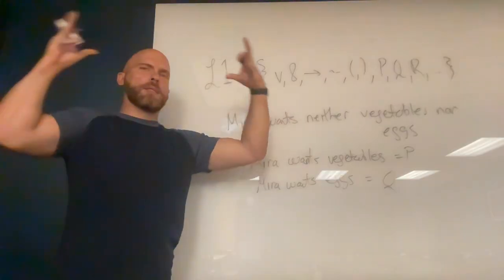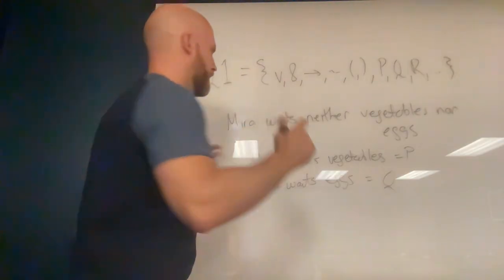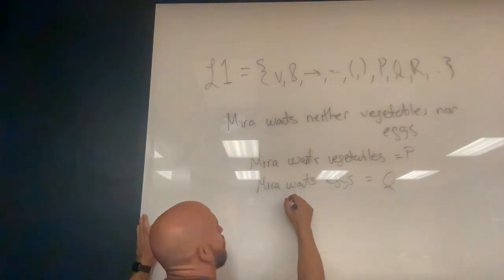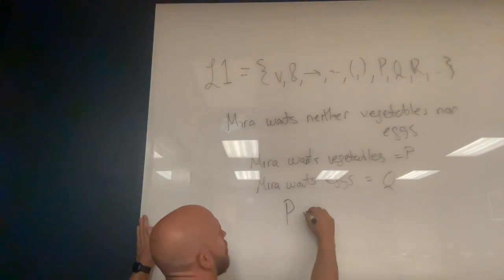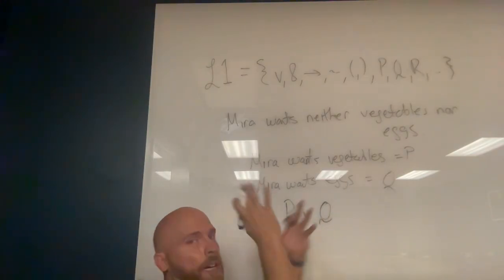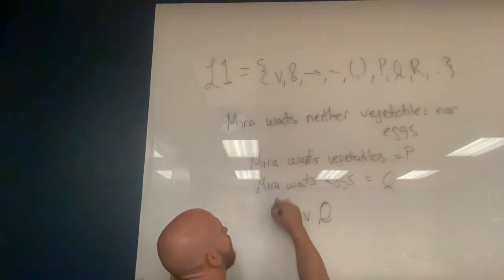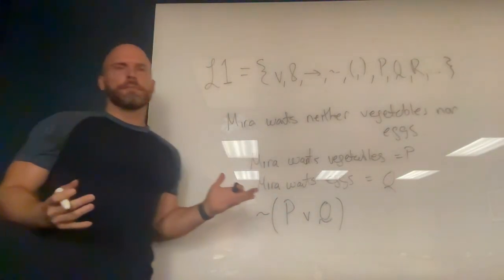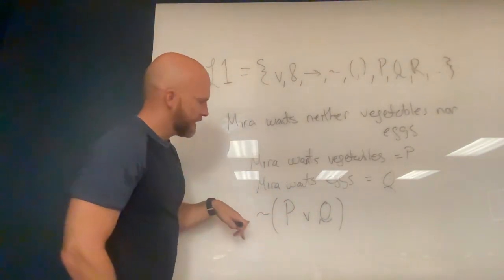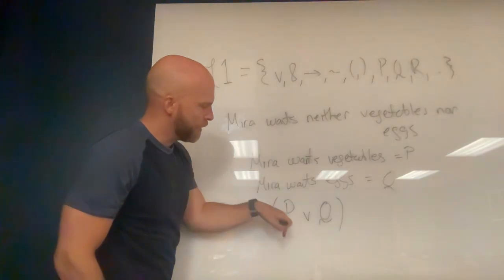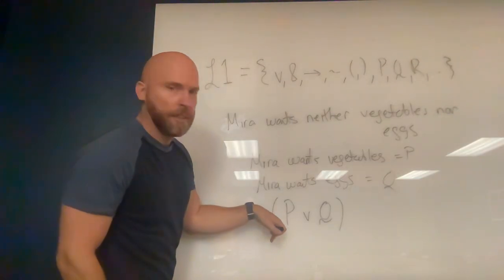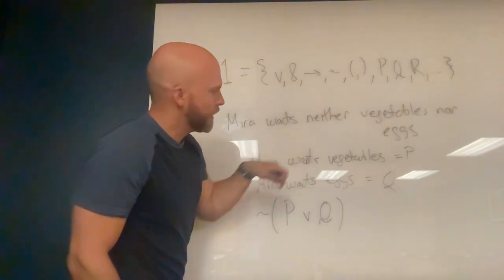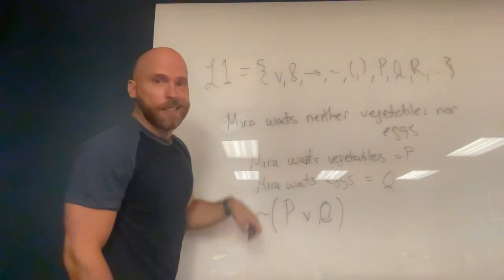If I were to put P or Q as options, I want to find a way to put the not on the outside of them. So Mira neither wants P or Q. It's not the case that she wants P or Q. It's not the case that she wants vegetables or eggs. Neither nor.